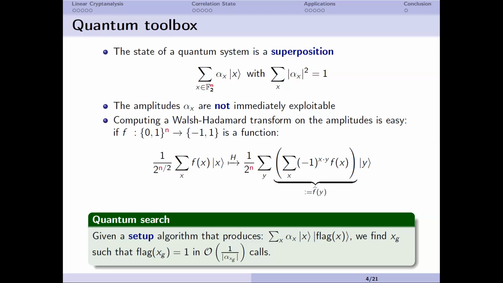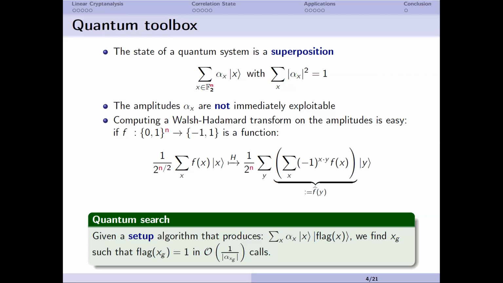Imagine that your quantum state contains amplitudes which are the outputs of some function f from n-bit strings to {-1, 1}. There is a very simple operation, actually pretty basic, that transforms this state into a state in which the amplitudes now encode the Walsh-Hadamard transform of the function f, which is defined by this formula.